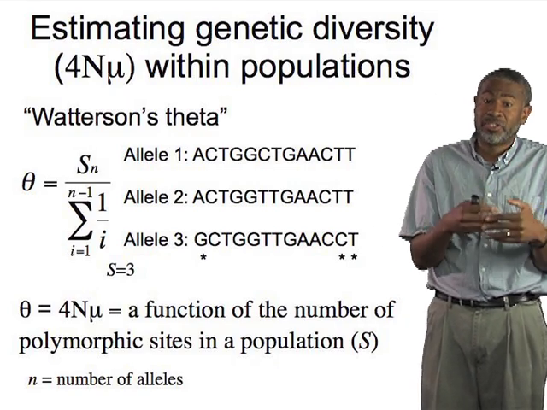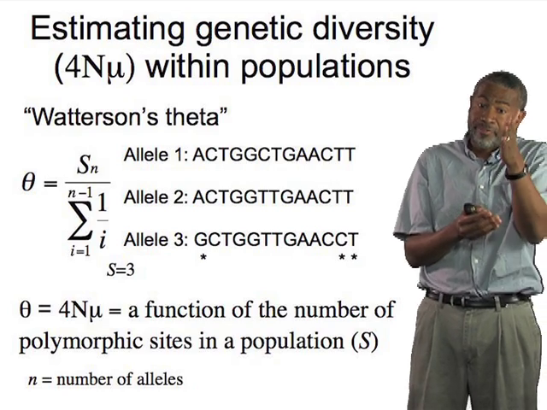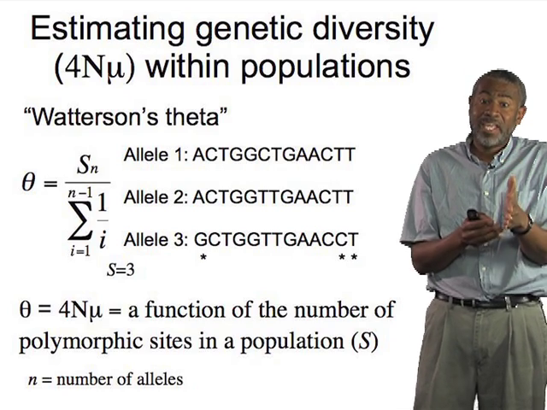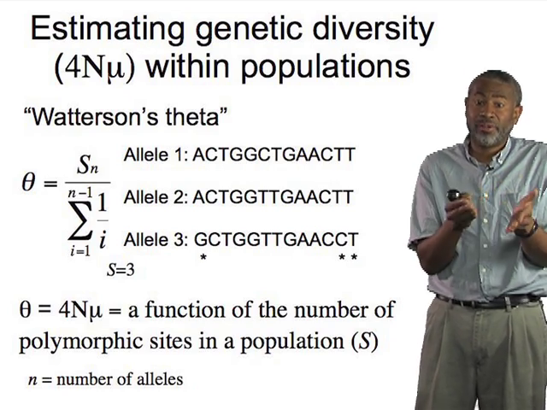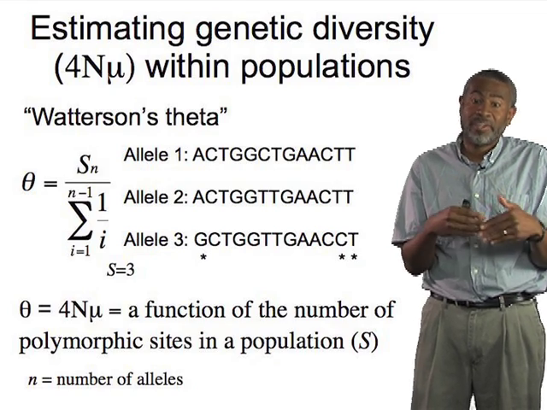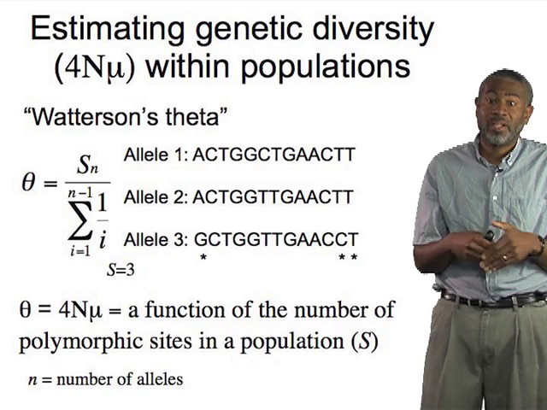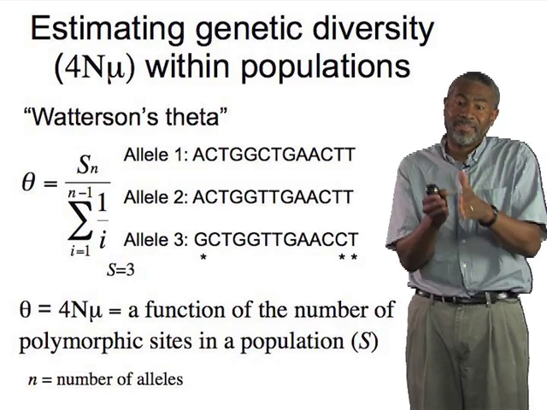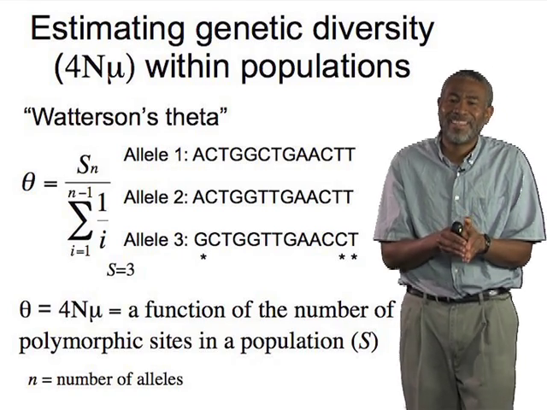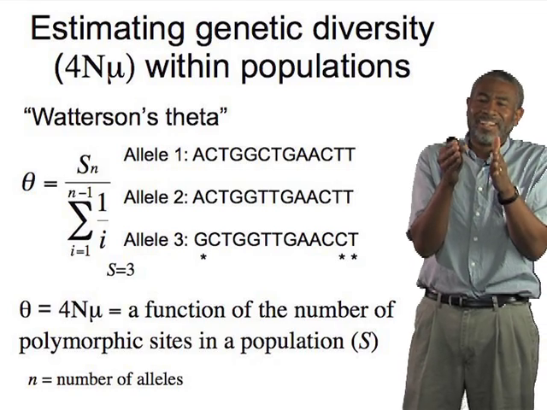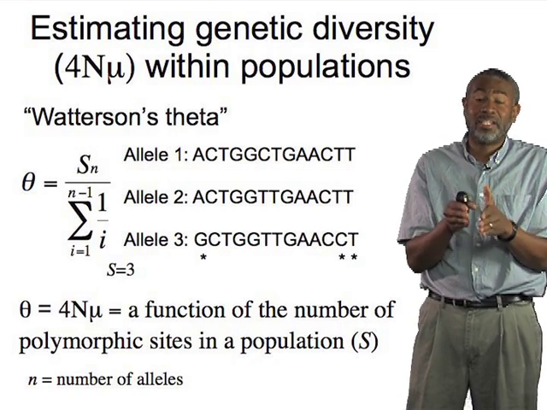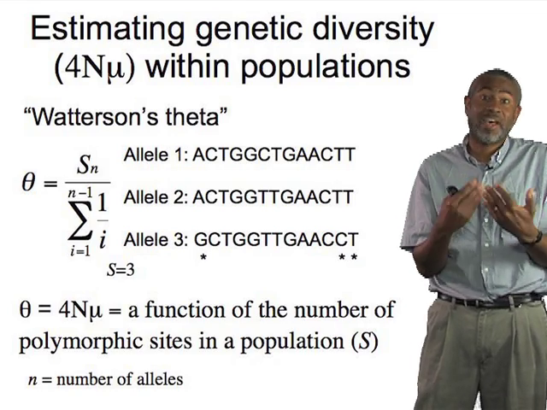So our S is going to equal 3. You can see in that first nucleotide, A differs from a G in allele 3. Later on, we've got allele 1 differing in a C where the others have a T. And then finally, in that second to last site, we've got allele number 3 differing as a C where the others have a T.